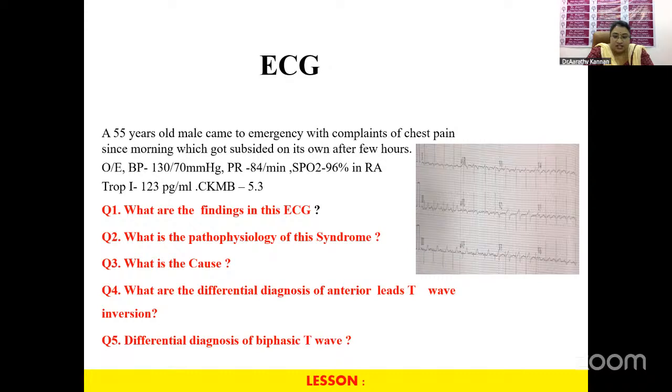What are the differential diagnoses of anterior leads T-wave inversion you can think of? And also, what are the differential diagnoses you can think of when you have a biphasic T-wave in the ECG?